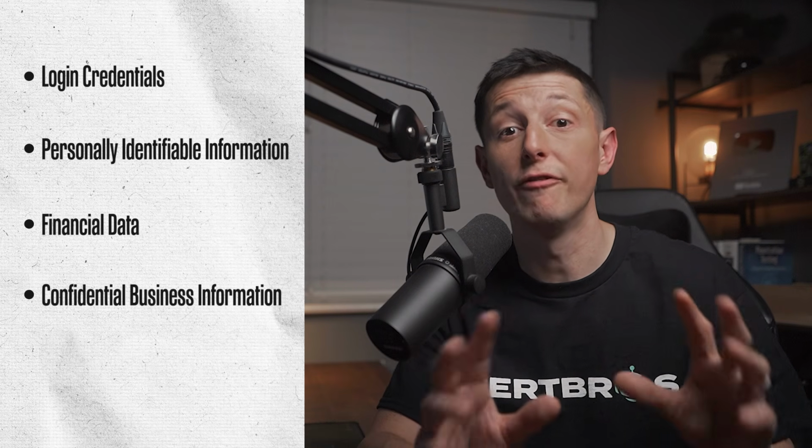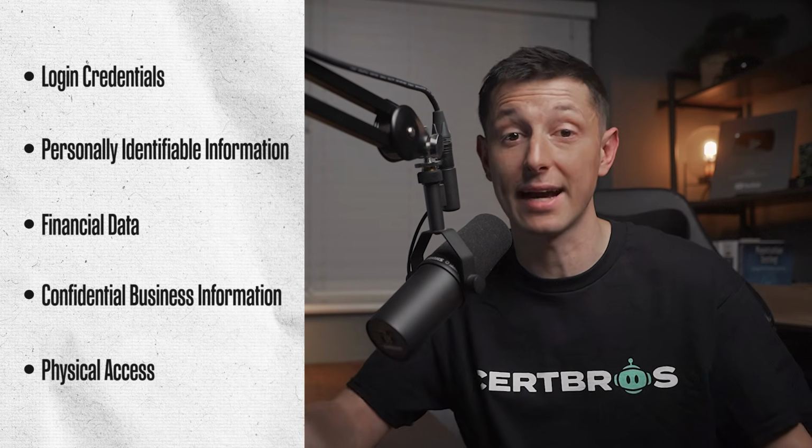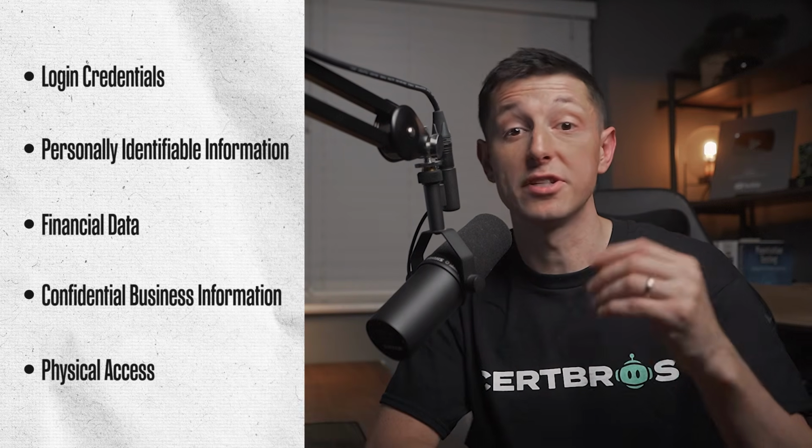In targeted attacks against organizations, attackers may attempt to steal proprietary information or trade secrets for financial gain, or maybe even to get a competitive edge. Physical access. Now, in some cases, an attacker may want physical access to a building or to equipment in order to carry out their attacks. This could be planting malicious devices or even stealing the physical property.